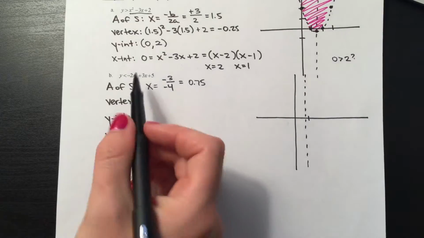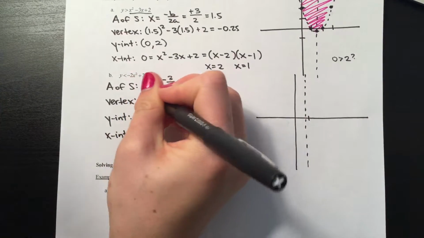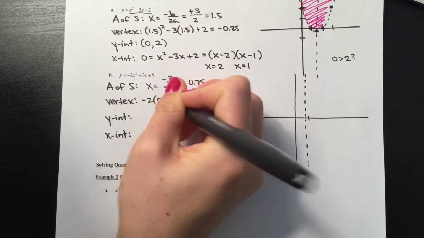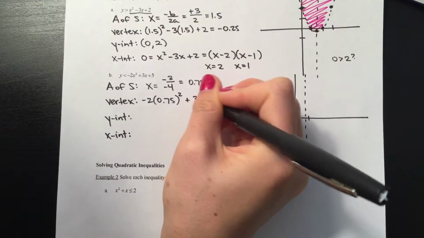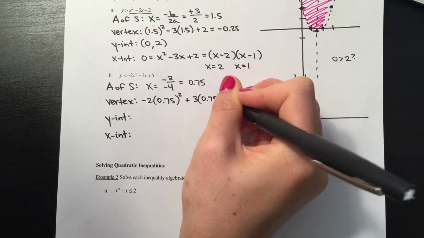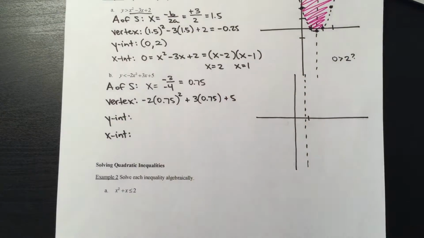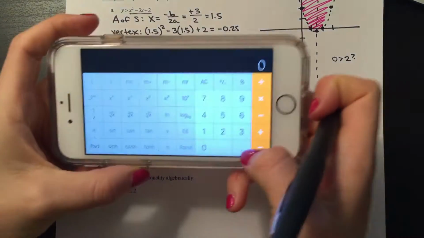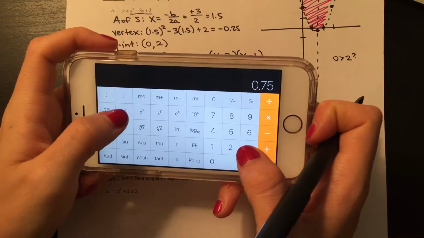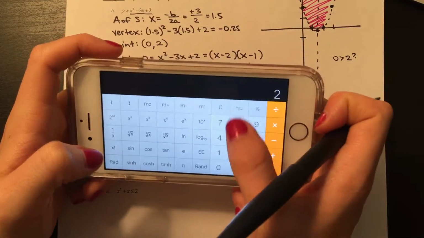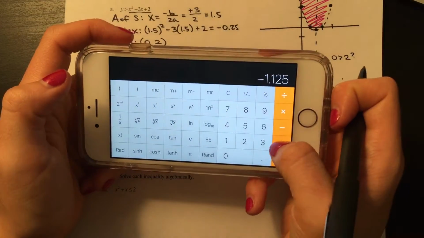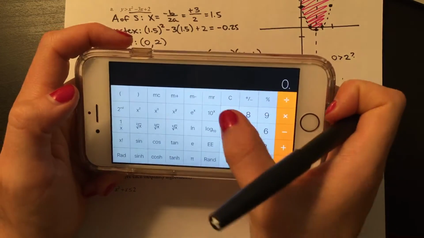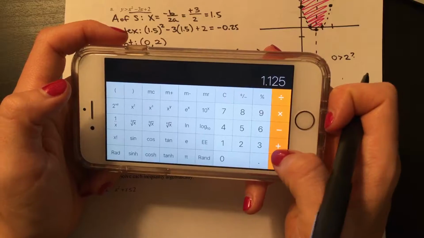Vertex means we're plugging the 3/4 in. So negative 2 times 3/4 squared plus 3 times 3/4 and then plus 5. So once again, I'm just going to plug this straight into the calculator. So 3/4 squared and then times negative 2 and then plus 3 times 3/4 and plus 5.